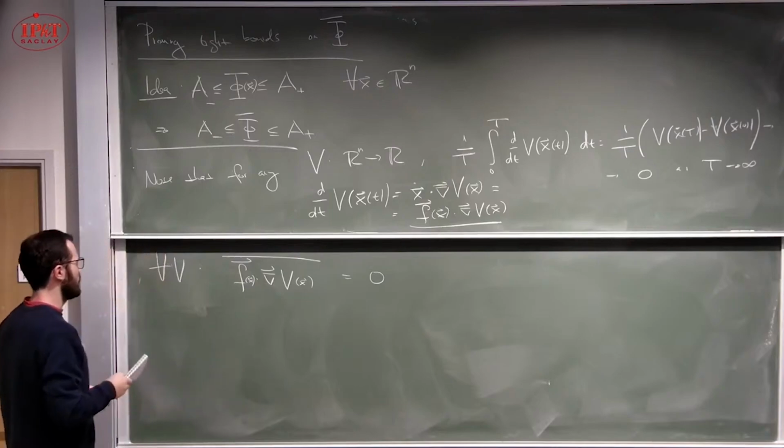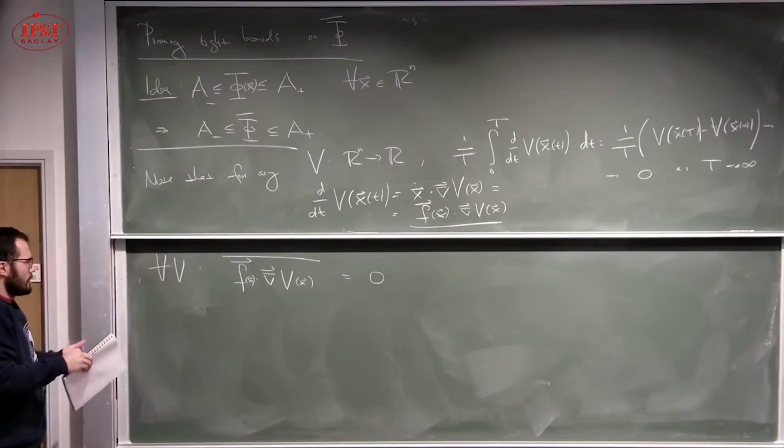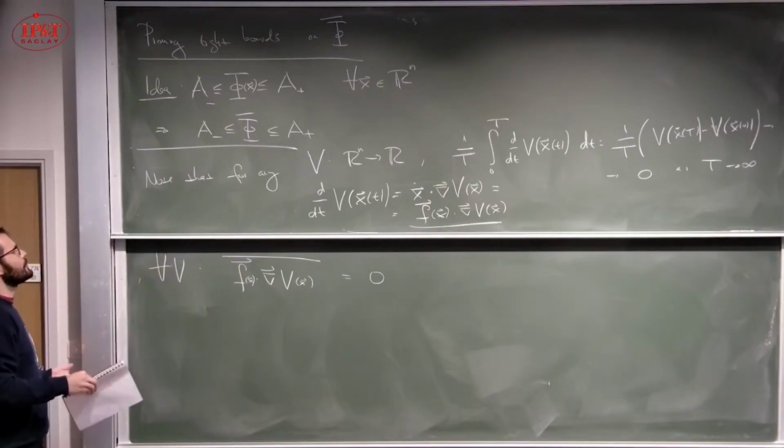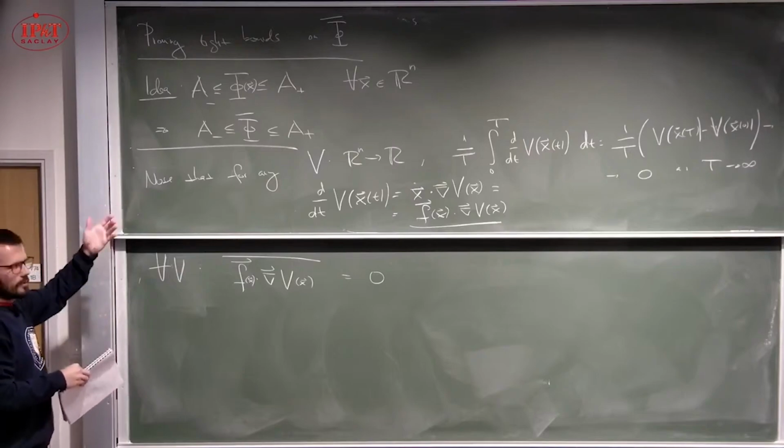So now this gives us somehow more space to prove upper and lower bounds of the long time average of phi.